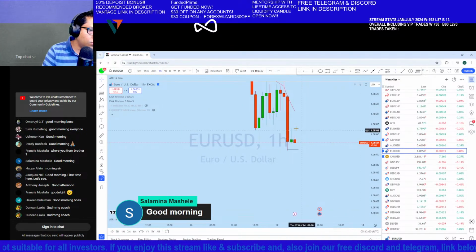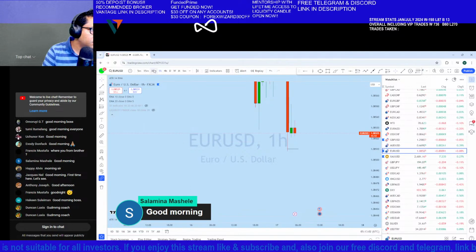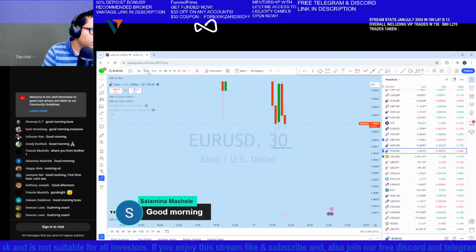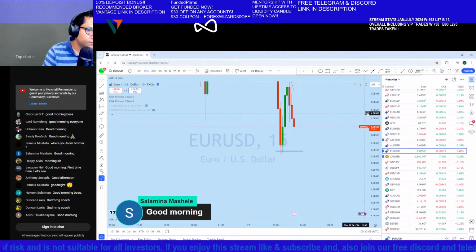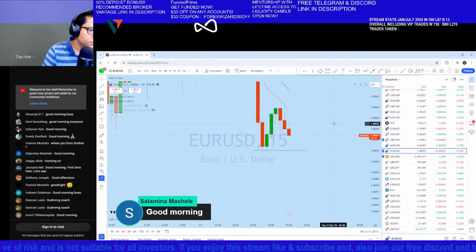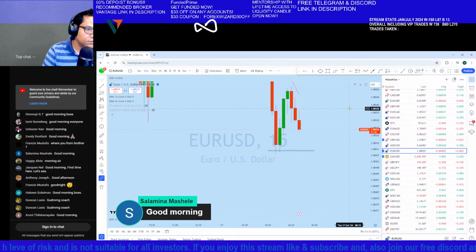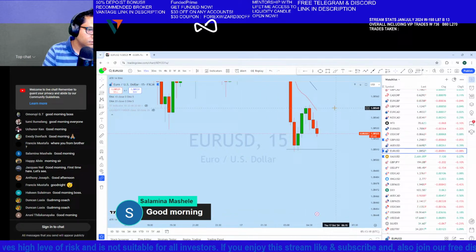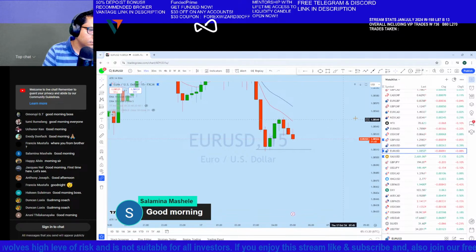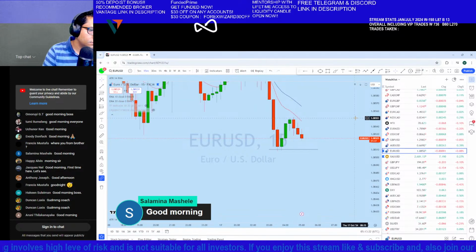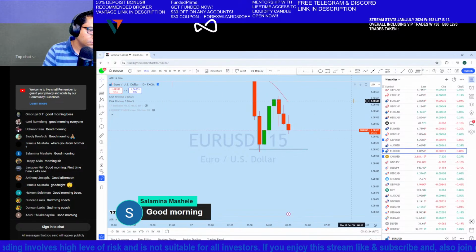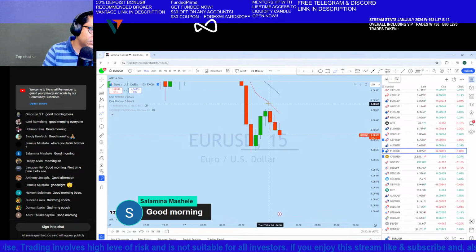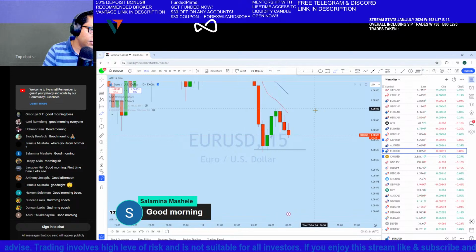So from the 1 hour, we can see a doji formation. You can see a series of lower highs again in that area.